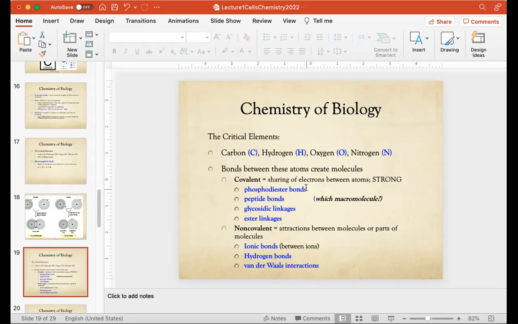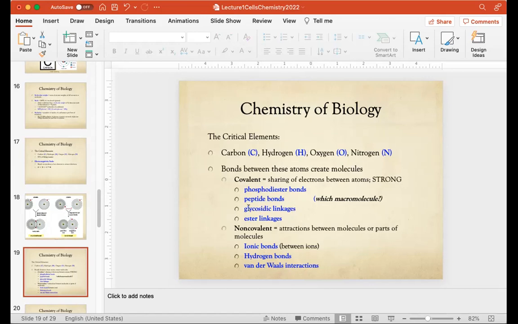In protein, the covalent bond that holds the amino acids together gets a name. It's called a peptide bond. In carbohydrate, the covalent bond that holds simple sugars together is called a glycosidic linkage.